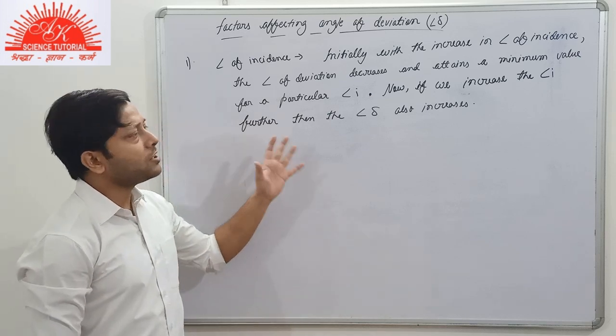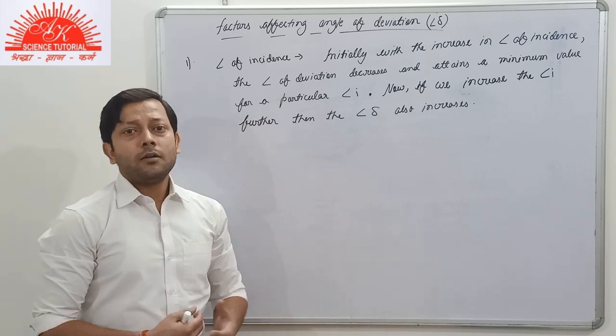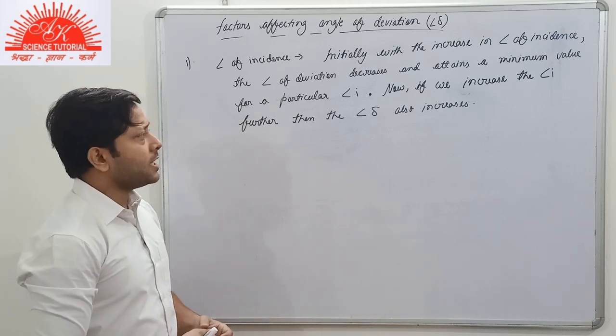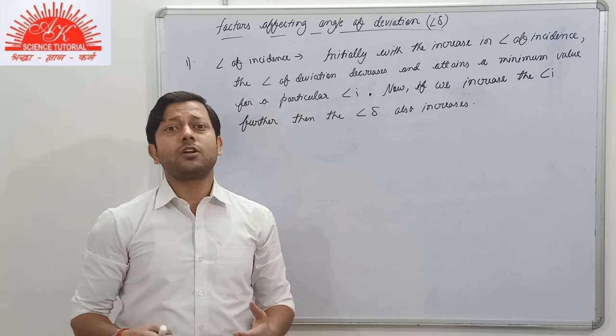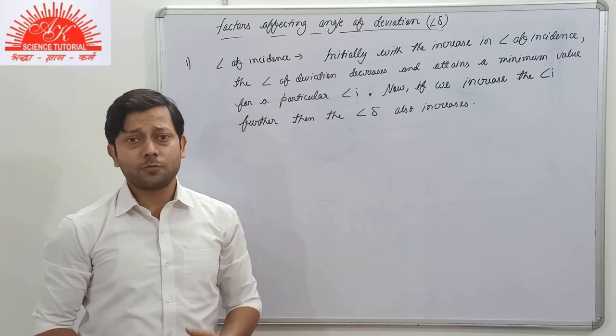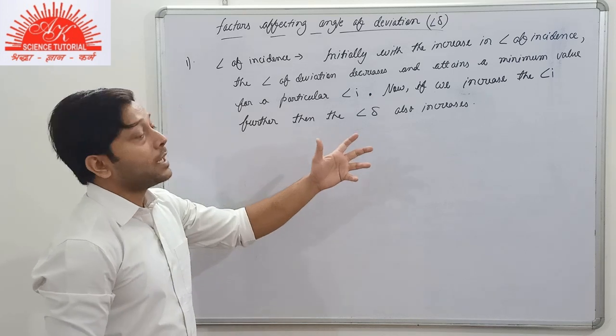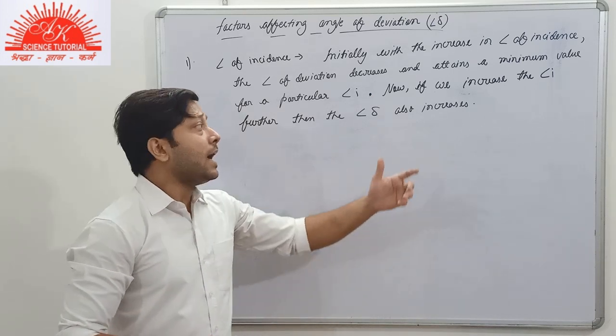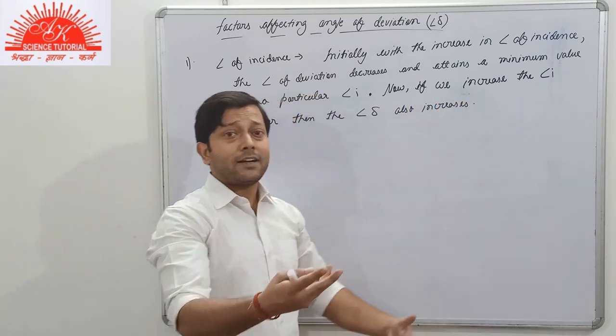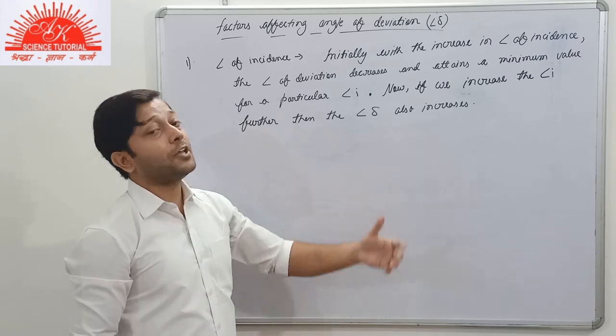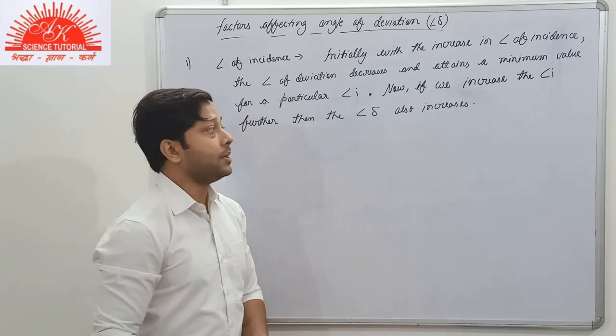We'll get to know about the certain conditions for the angle of deviation, such as when we have an equilateral prism or a scalene prism or an isosceles prism. We'll get to know about it. But if we increase the angle of incidence further, beyond that range also, then the angle of deviation will start to increase.